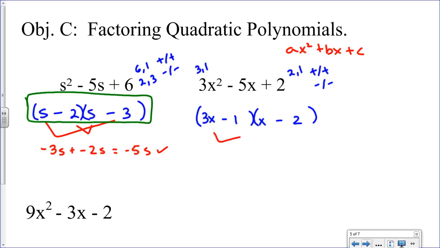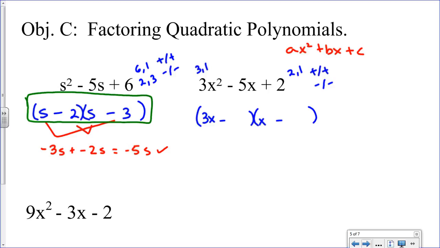Okay, what do I get for my outer? Negative 6x. What about the inner? Negative 1x. When I add those together, negative 7x. Is that right? No. Okay. So this is why it's guess and check. You guessed, you checked, that's not right. So what can I do? I can make them both positive, but that's not really what I'm looking for.